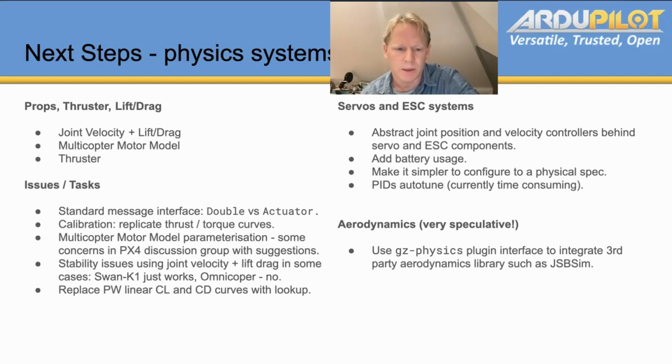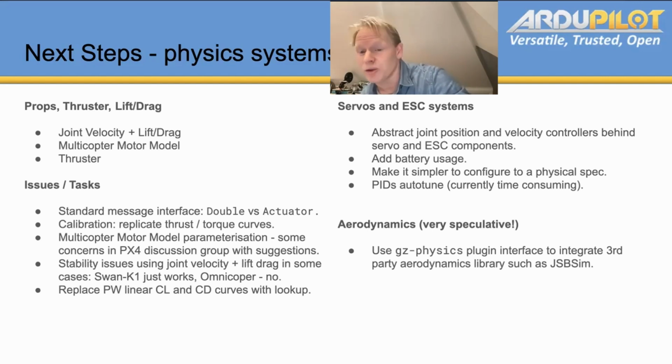For rovers and boats, as we'll come on to, I think the modeling is getting pretty good. So it's not specifically an aerodynamics environment, but, and this is very speculative, if that was something people wanted to do, you do have the facility to replace the entire physics system as a plugin.